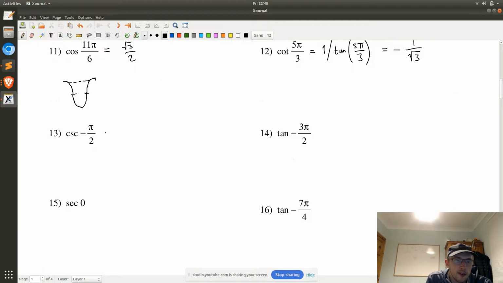Cosecant of negative pi over 2. Well, that would be 1 over sine of negative pi over 2. Now, pi over 2 is 90 degrees.